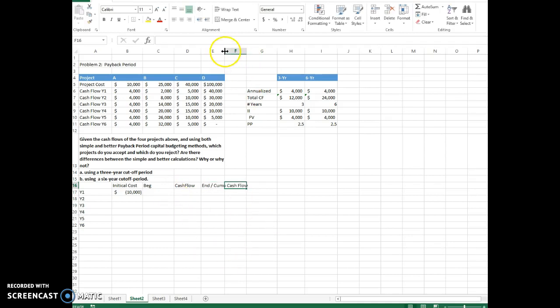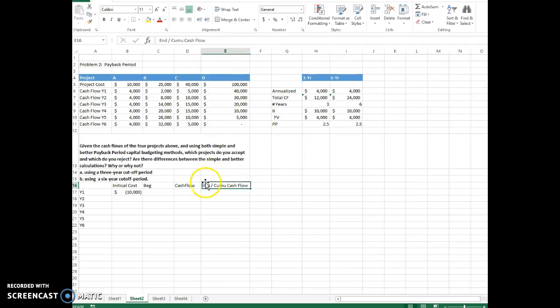I'm going to make this column just a little bit longer. So there we go. So we've got 10,000. Our beginning is going to equal this. Cash flows then, for year 1, we're going to copy these and bring them down. Control C, and I'm going to put them right here, Control V. Put our cash flows for year 1 through 6. In this case, they're all the same. In the case of Project B, they're all going to be different.